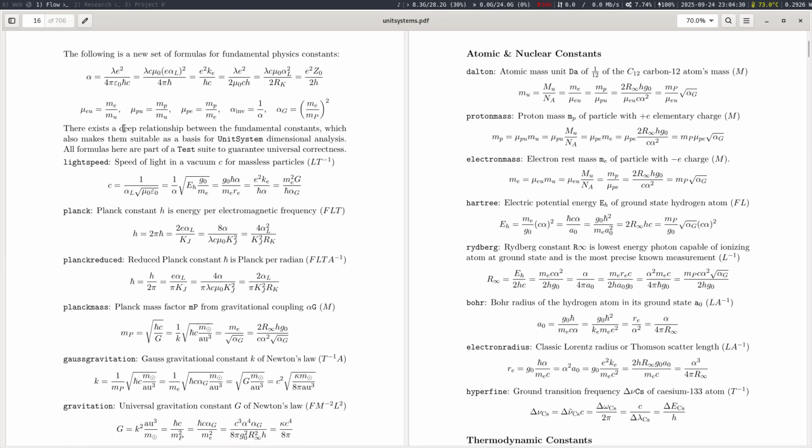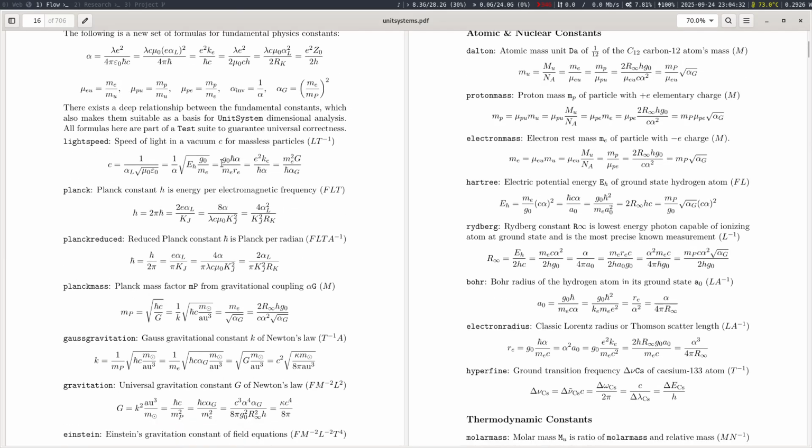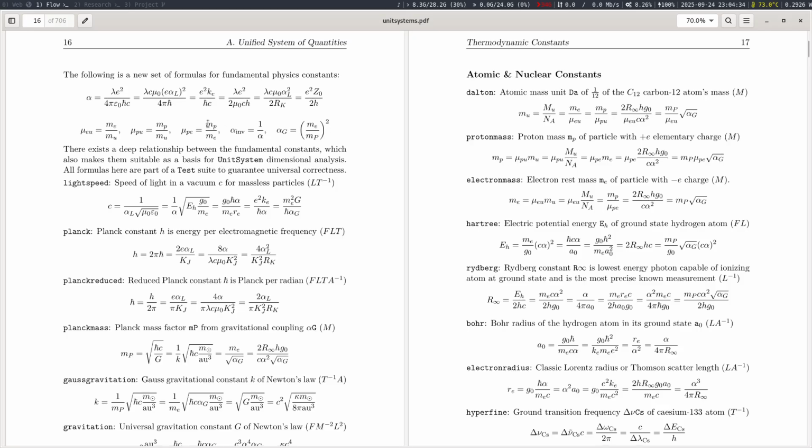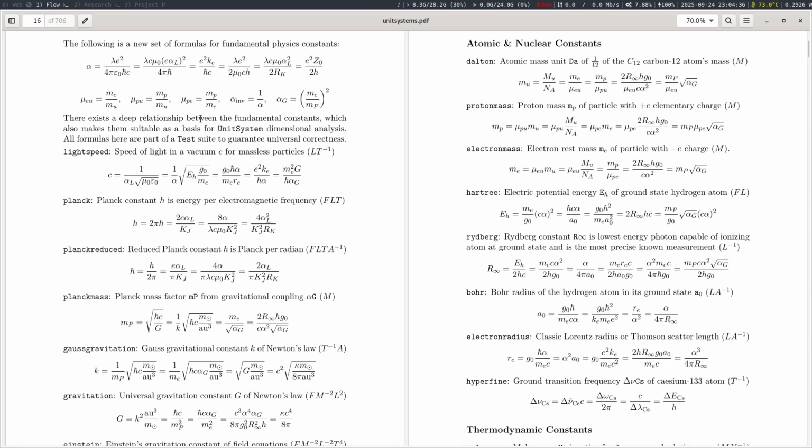So as I was developing UnitSystems.jl, I had to try out formulas involving fundamental constants of physics, right, in order to check if it was consistent, to see if it actually was correct, if multiplying these numbers together actually was the correct thing.